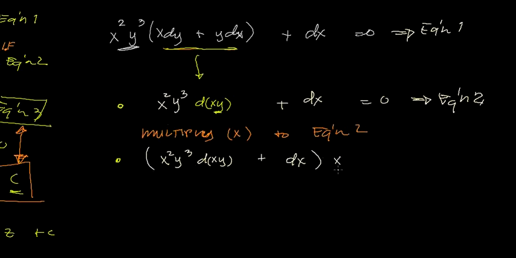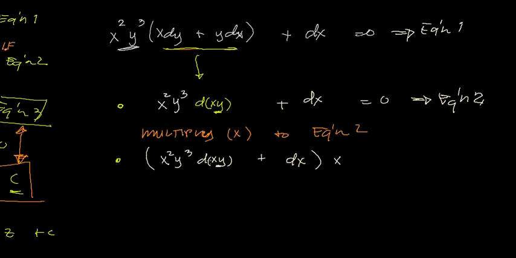Since we have a function of xy whose exponent is the same, by multiplying x we can now have the same exponent of x and y.